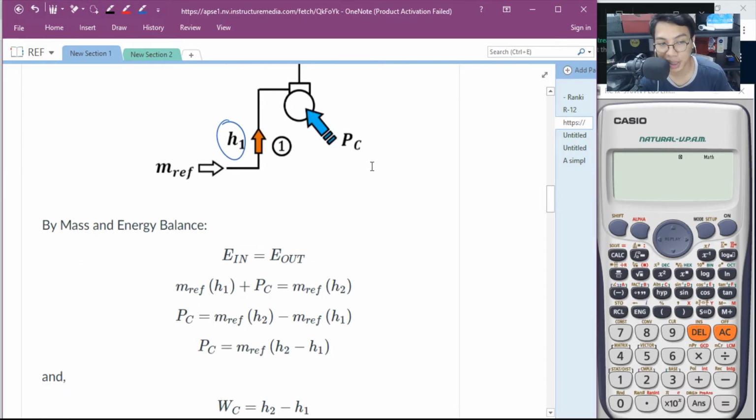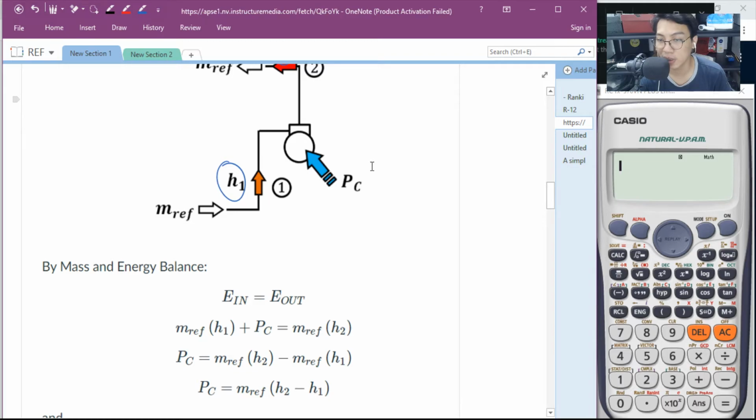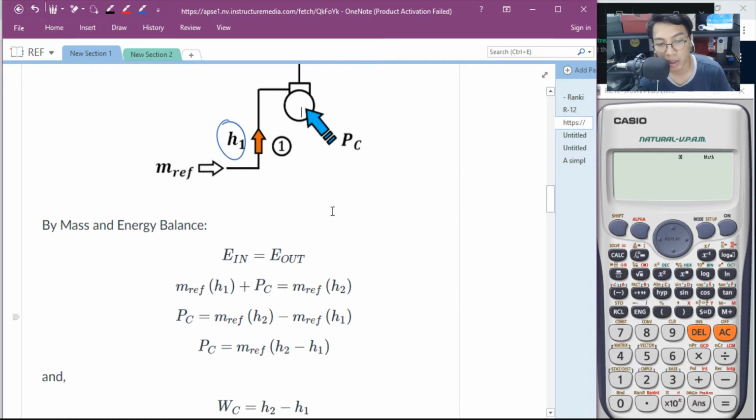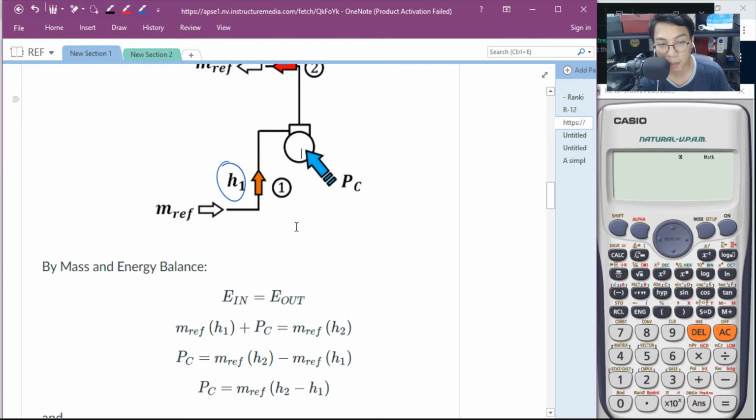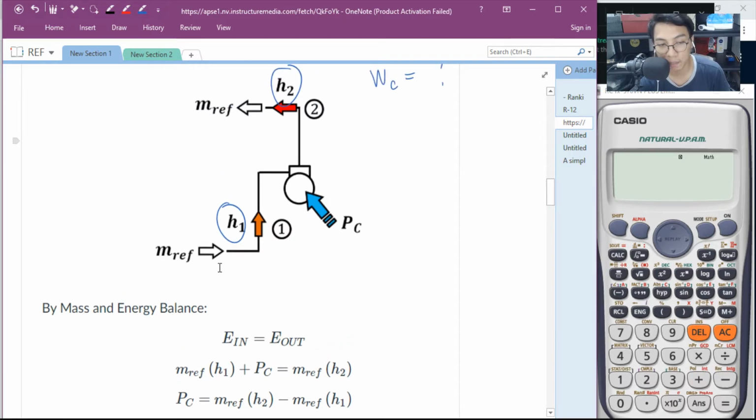The refrigerant is the one that is going into the cycle. So, that is the mass of the refrigerant. Now, lahat ng papasok equal to lahat ng papalabas. So, dalawang pumasok dyan. That is the point 1 and then the compressor power.